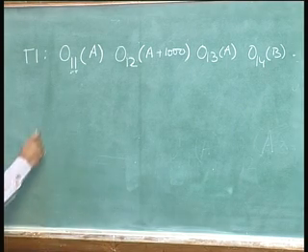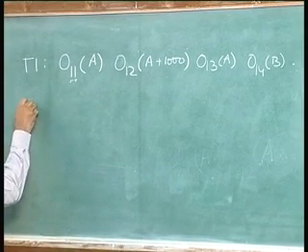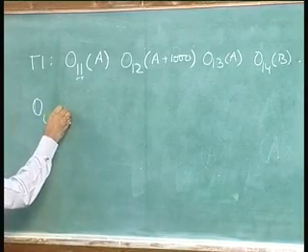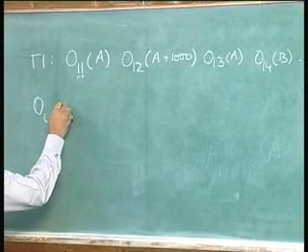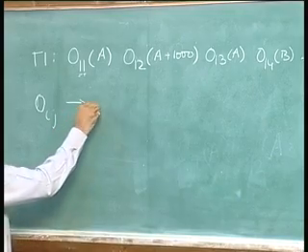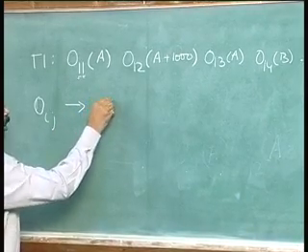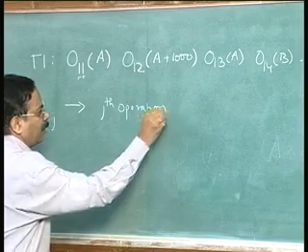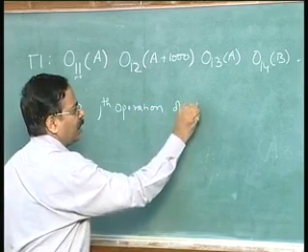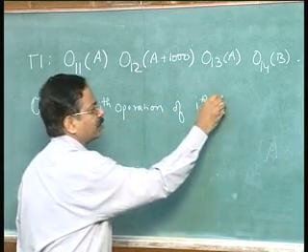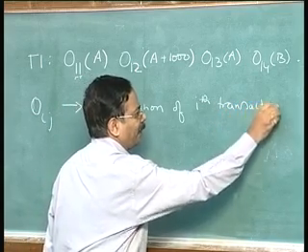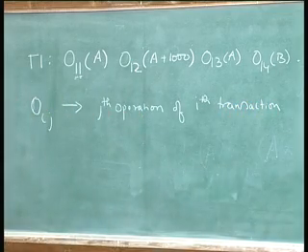Now, if you take operation O_ij, it indicates that this is the jth operation of the ith transaction. This is the notation that we will be using.